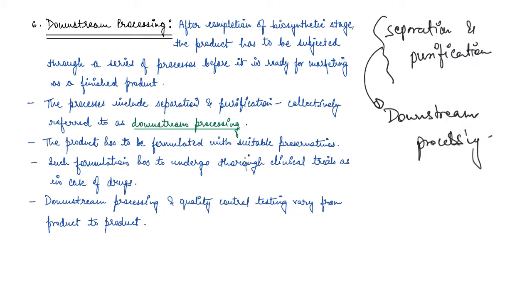Right? So basically, the product has to be formulated with suitable preservatives to keep it safe, right? To keep it sterilized and to keep it active, we use preservatives, to preserve it for a longer duration. So the product gets formulated with suitable preservatives.